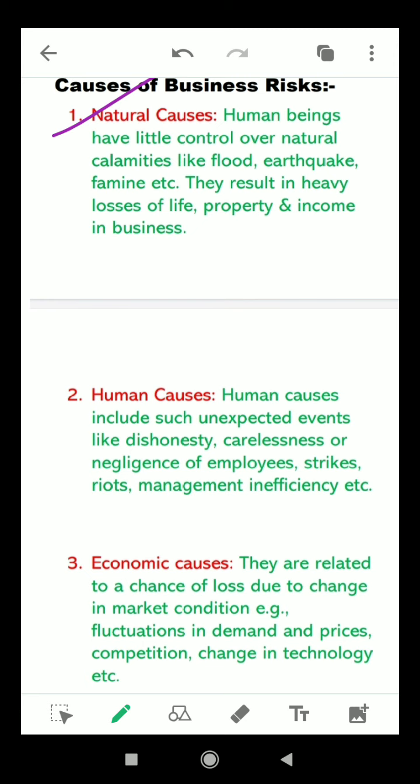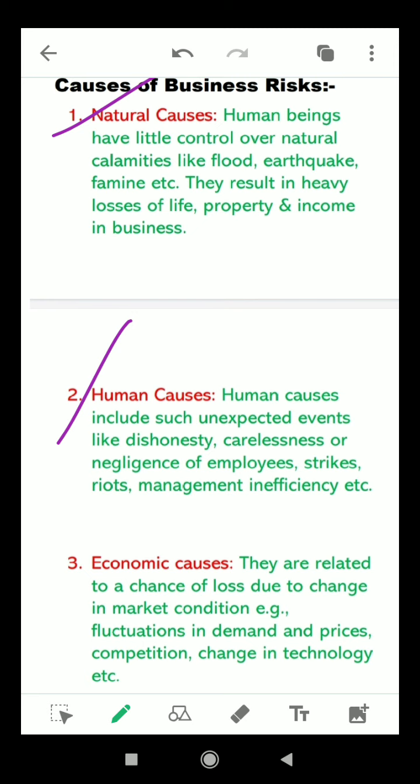And number 2 is human causes. Human causes include such unexpected events like dishonesty, carelessness or negligence of employees, strikes, riots, then management inefficiency, etc. So see, human factor is the most important cause of business risks. There may be carelessness or misunderstanding or wrong estimating or ill intention, dishonesty or miscalculation on the part of human beings.